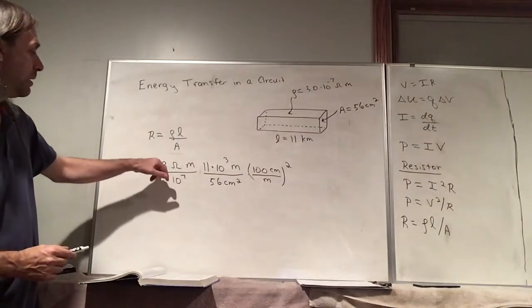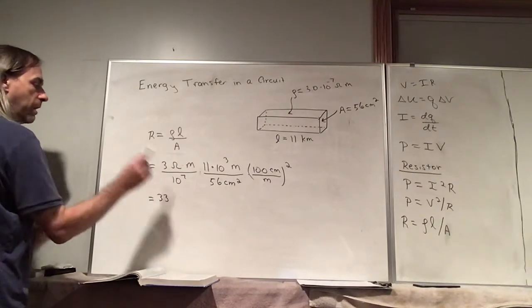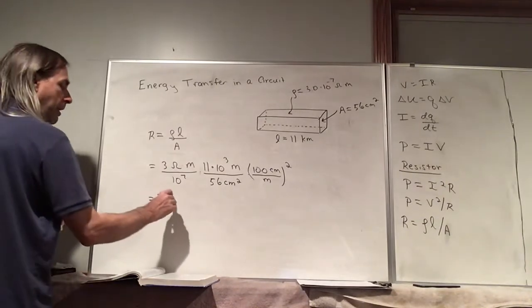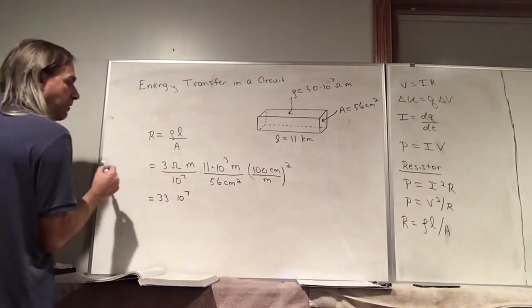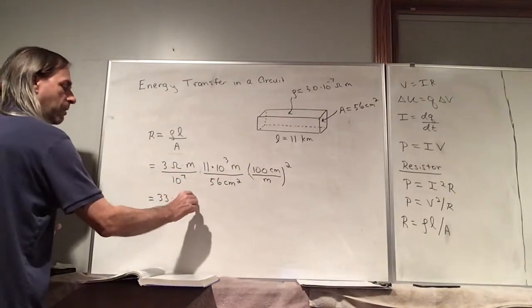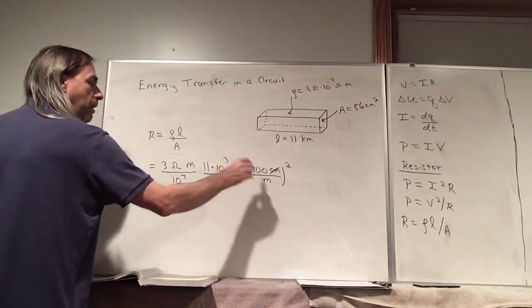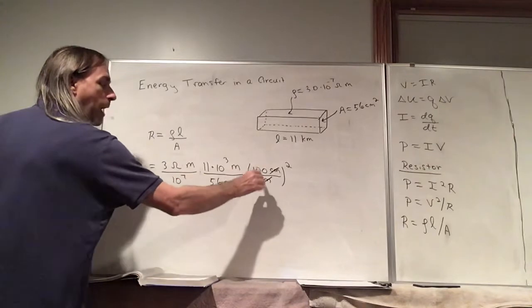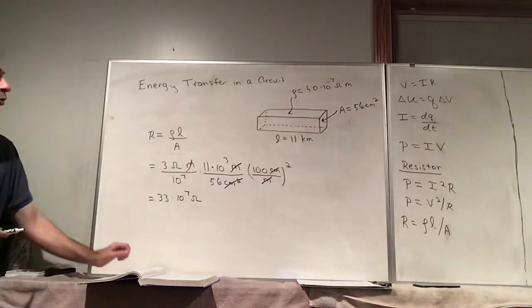So let's do this. 3 times 11, that's 33. And then we have times 10, oh, that's convenient, times 10 to the 7. And the units are just going to be ohms. So here's centimeters squared, meters squared. There's 1 and there's 1. So we're just left with ohms.